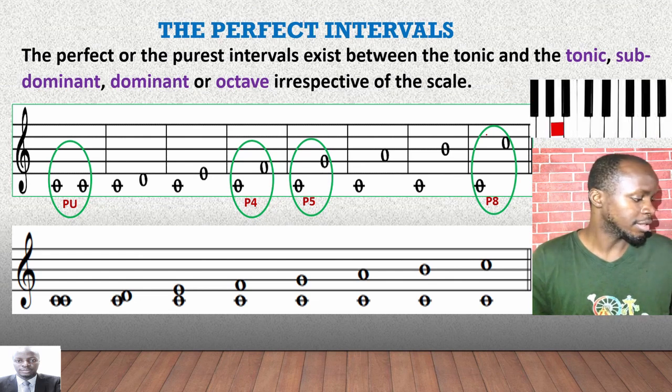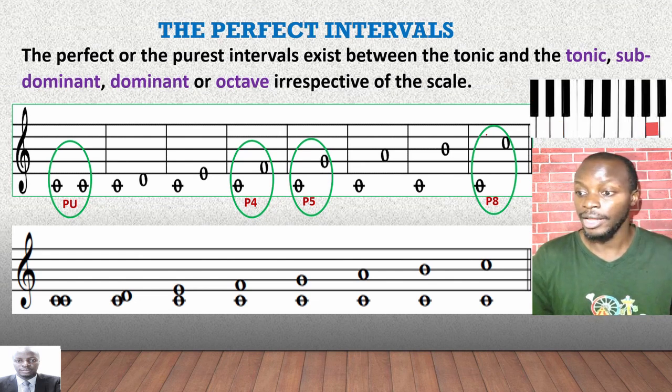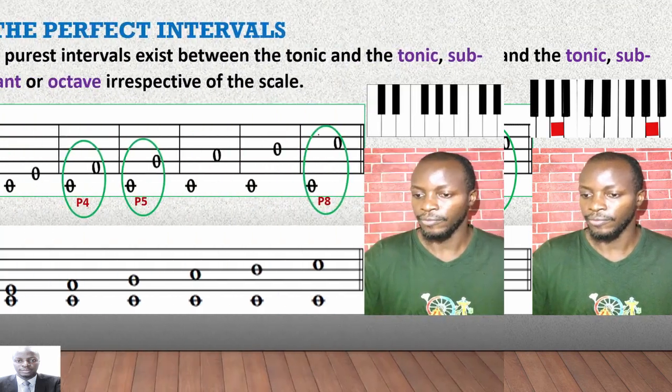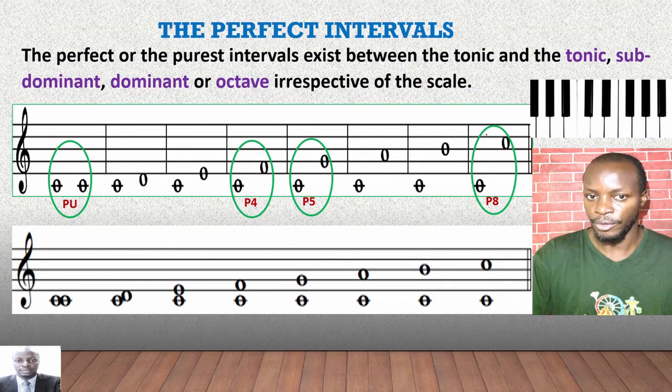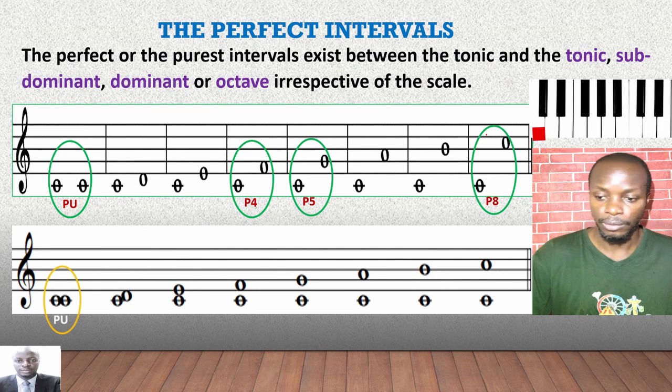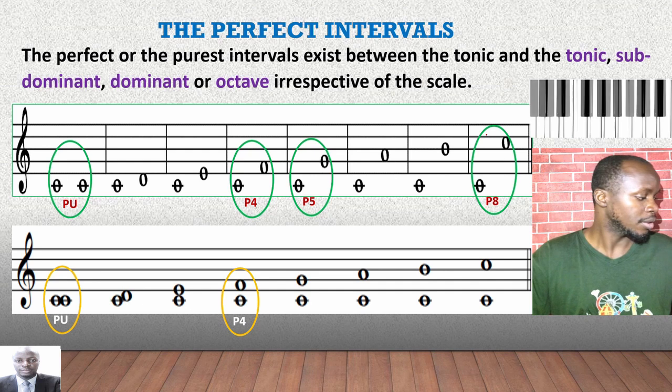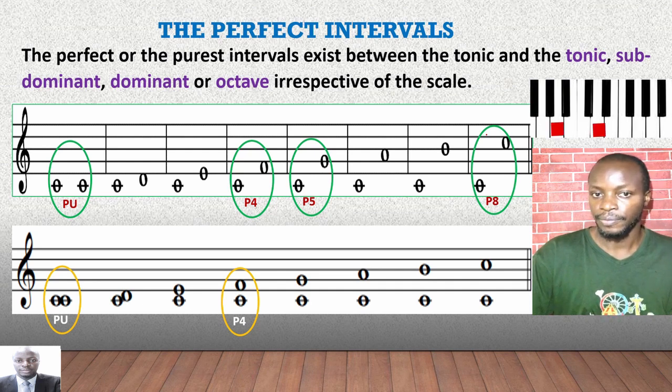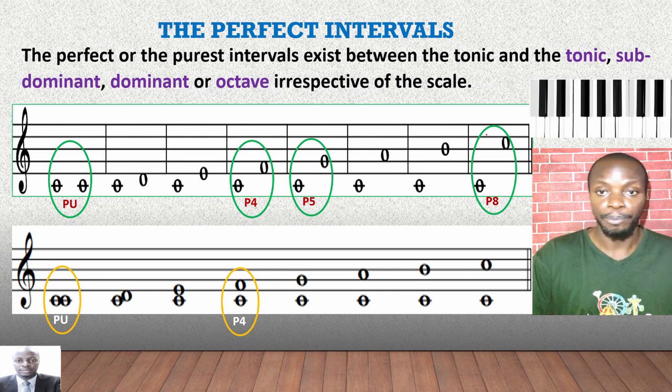Or in the minor, La, La. And of course, if it is harmonic intervals, we have the perfect unison, and we have the perfect fourth. We have the perfect fourth in the major scale, or the perfect fourth in the minor scale, right? La, Re. Okay, and we also have the perfect fifth.